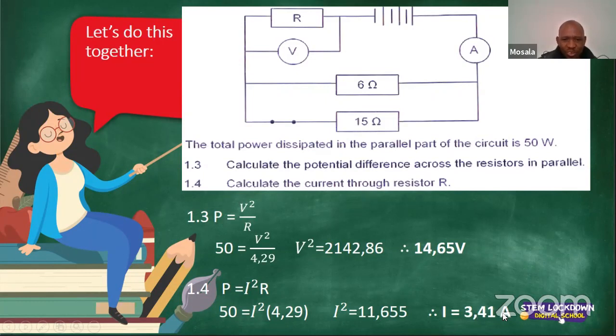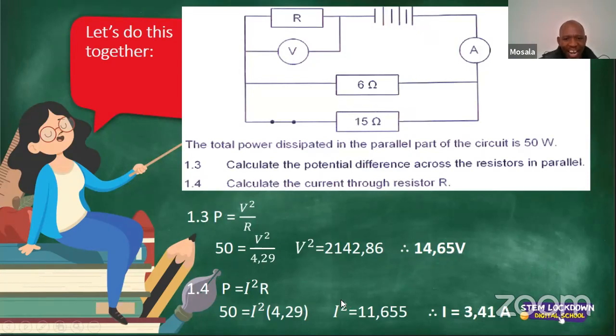So we substitute, we know that P equals I squared multiplied by R. So P is 50, I is not known. R, we have said that these two, their effective resistance will be 4,29. So we substitute 4,29 for them.